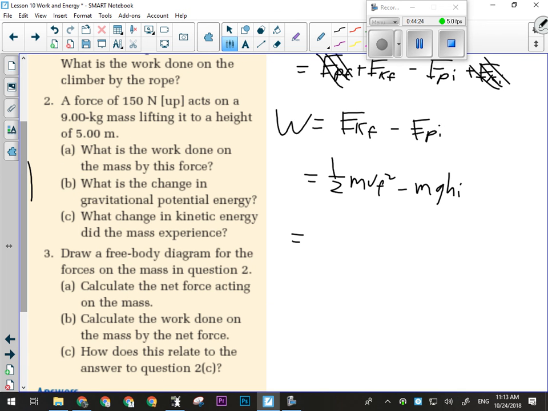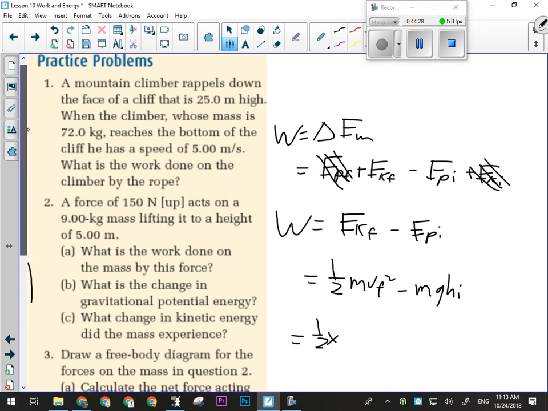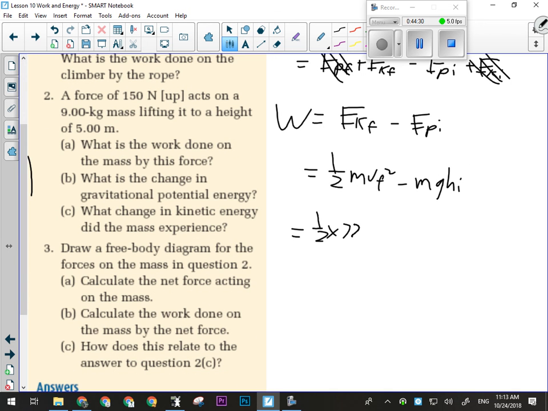All right, so we have 1/2 times 72 kilograms, okay, times 5 meters per second, but it's squared, okay, and then minus 72 times 9.81 times 25 meters, which was the height of the cliff.